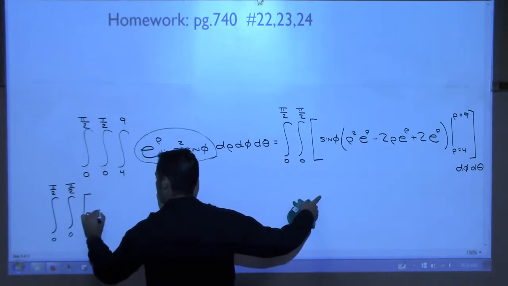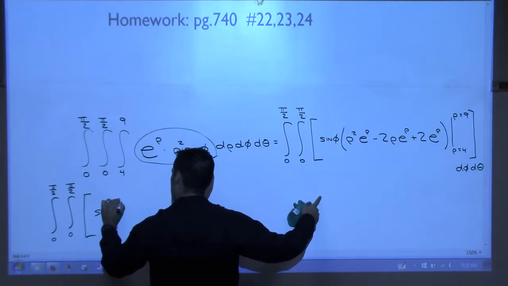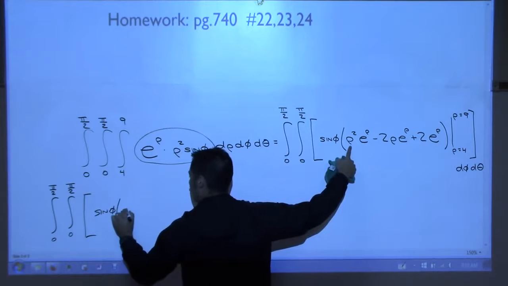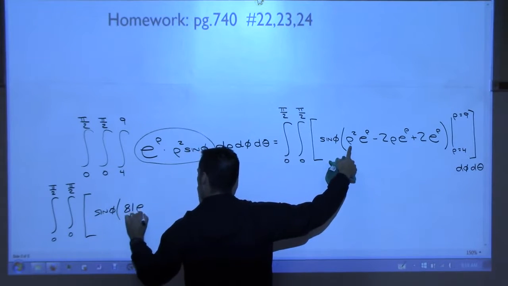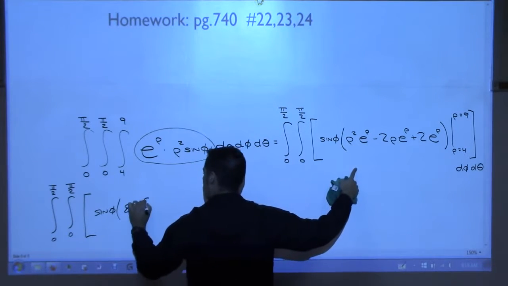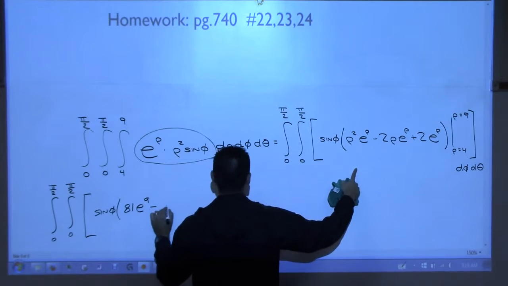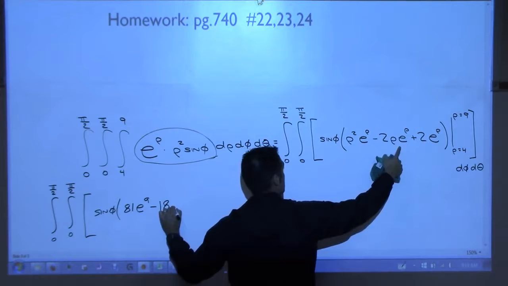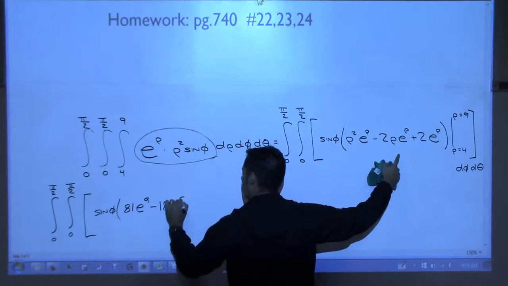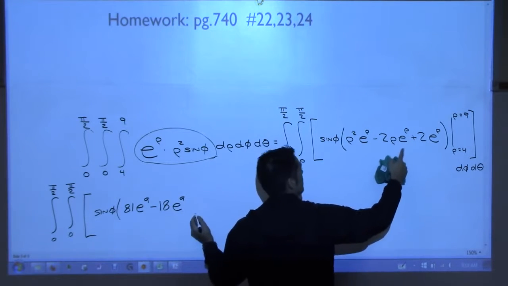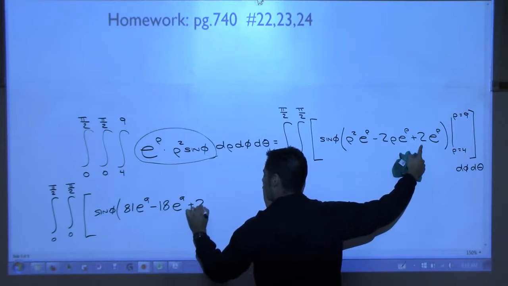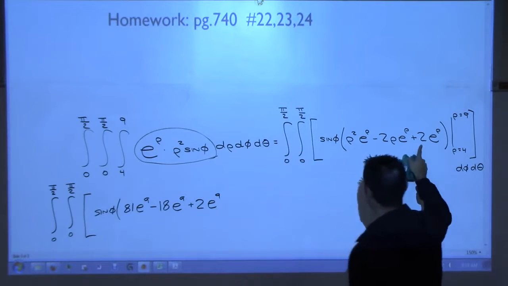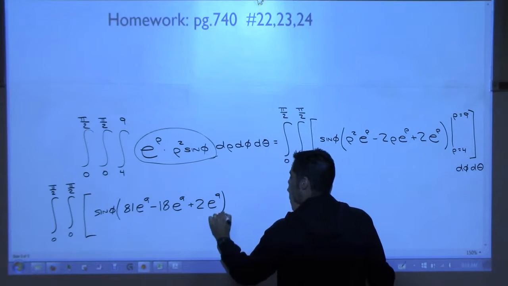I'm going to have sine phi times, all right, 9 squared is 81, rho e to the rho, but rho's 9, so e to the 9th, minus, let's see, 2 times 9, 18, e to the ninth again, and then plus 2e to the ninth there. That's what I get when I plug in 9.